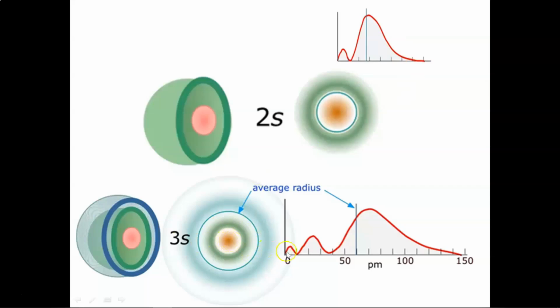If you look at this atom with 3 shells, again, same thing. In the nucleus, unlikely to find the electron. But as you get further away from the nucleus, within the first shell, now you have a high probability of finding the electron. But then you get to an area where the electron is not allowed to be. All right, this orbital is not stable. Again, the probability of finding the electron drops, or approaches 0 anyway, until you reach the second energy level, where it is a stable wavelength.